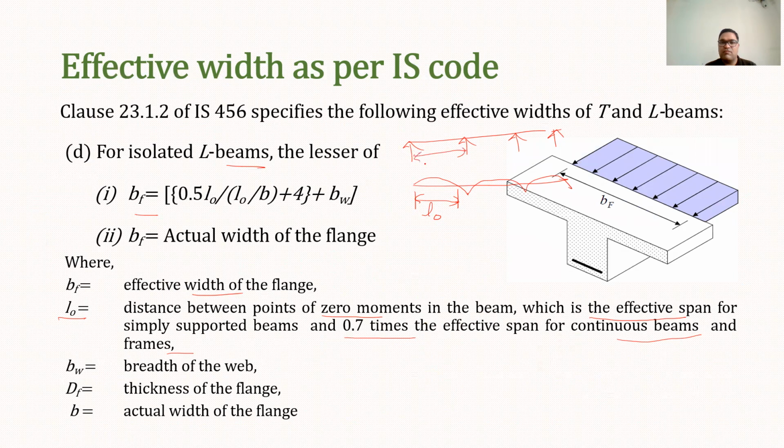If this is the effective span, L naught will be 0.7 times L effective. Similarly, for a simply supported beam, L naught will be equal to L effective. That is how we can find the value of L naught. Then BW is the breadth of web, DF is the thickness of flange, and B is the actual width of flange. That is how we find the effective width as per IS code recommendations.